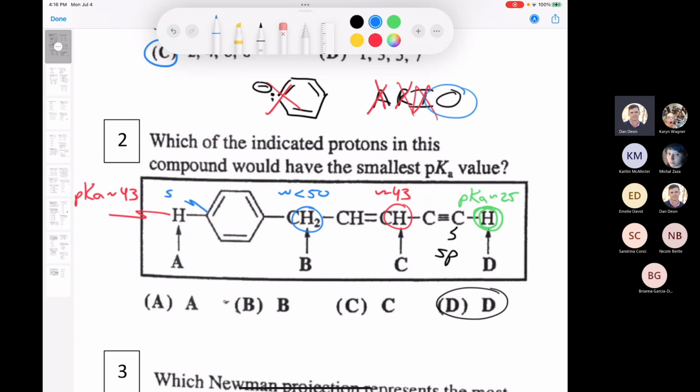And this is sp2. This is sp2. This is sp3. But this one, since it's sp, we know that the negative charge after that terminal alkyne is deprotonated produces an alkynide. And since an sp orbital is smaller than an sp2 or an sp3, it can better stabilize the negative charge. All right, cool.